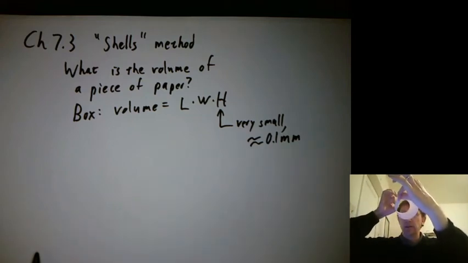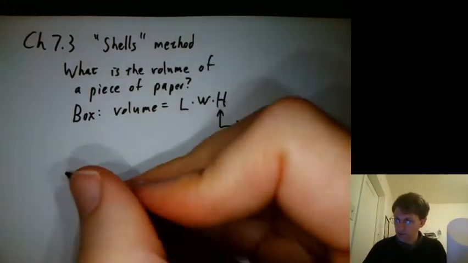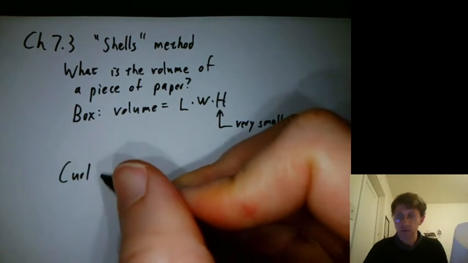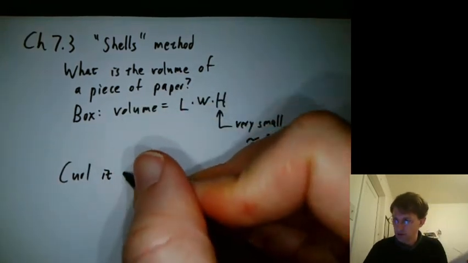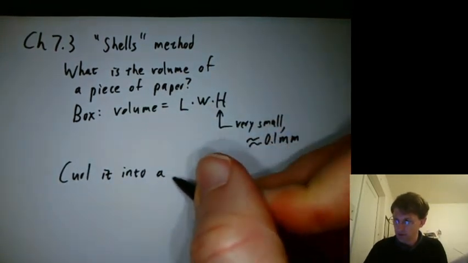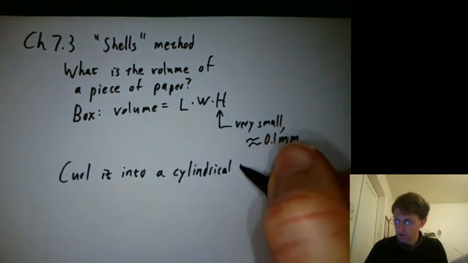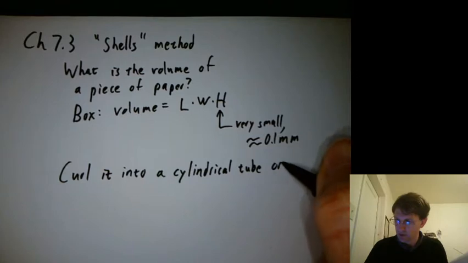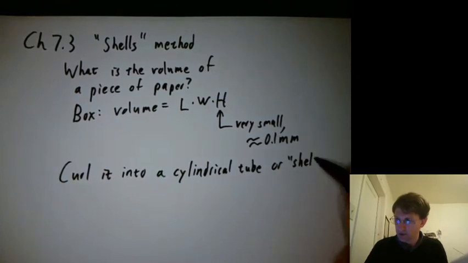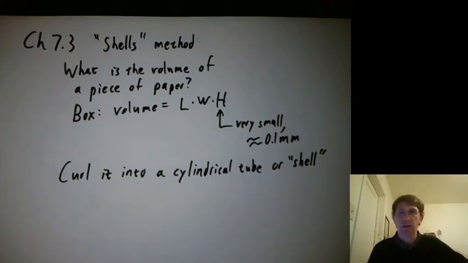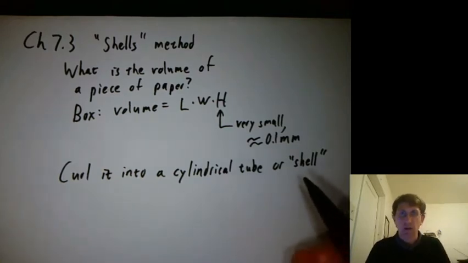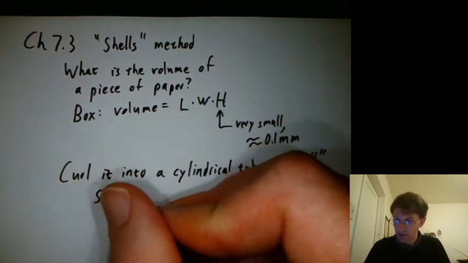Would you agree it's still the same volume, just kind of curved? So we'll say curl it into a cylindrical tube, which is also called a cylindrical shell. Nothing to do with clam shells on the beach or whatever. And it still has the same volume, right?